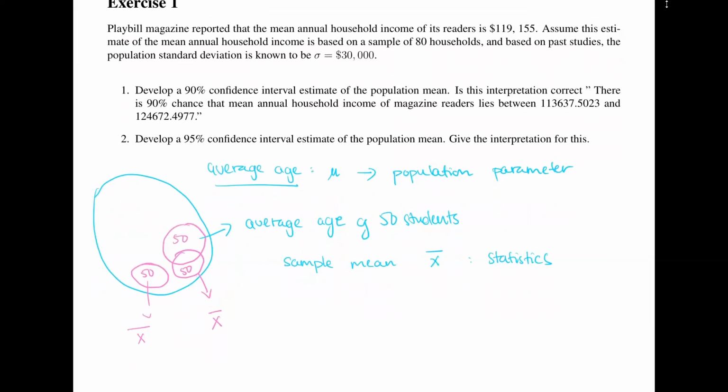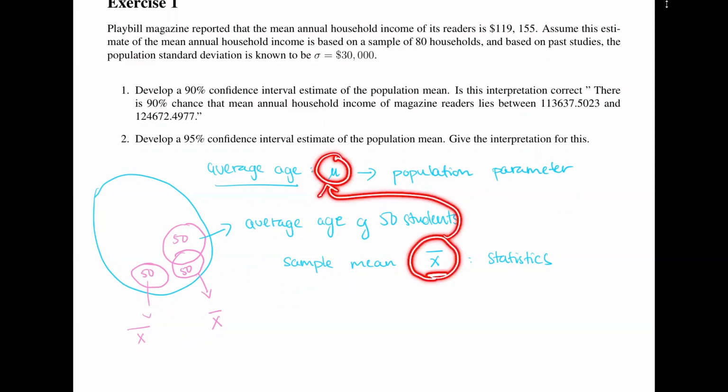So the question is, most of the time when we want to learn about a population parameter, we cannot approach every single object in our population. So we will have to sample, and then we calculate the sample mean. And then we want to use this sample mean to estimate the population parameter.